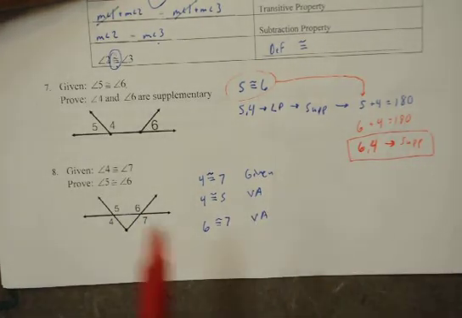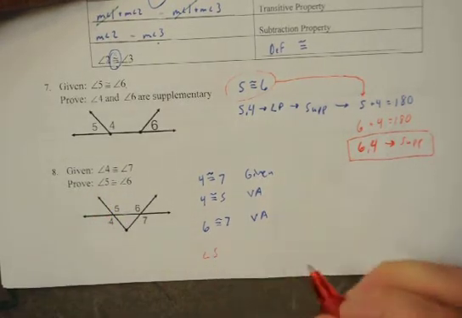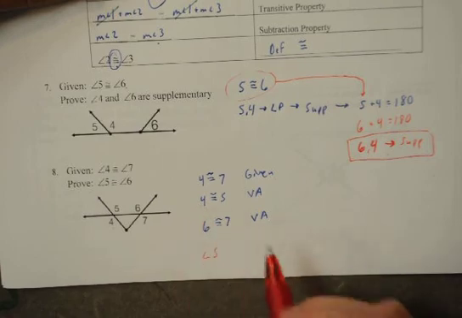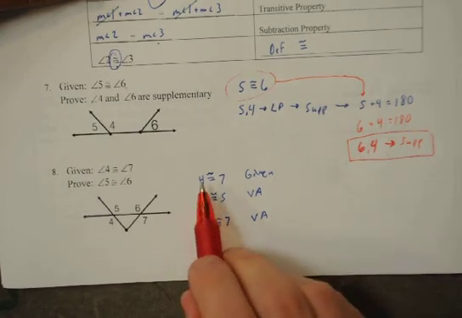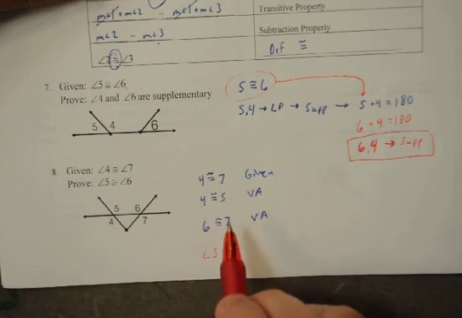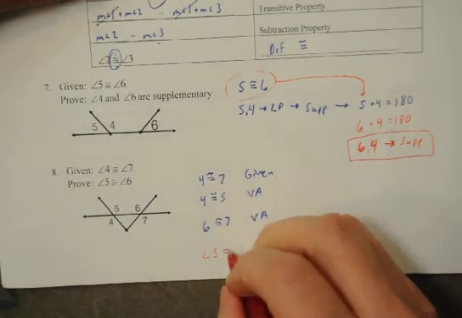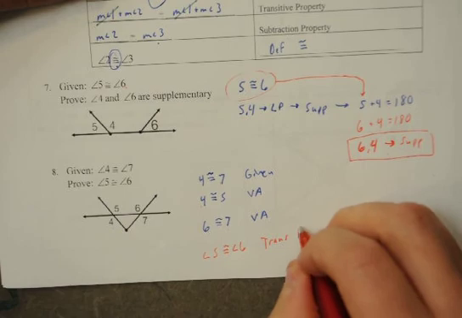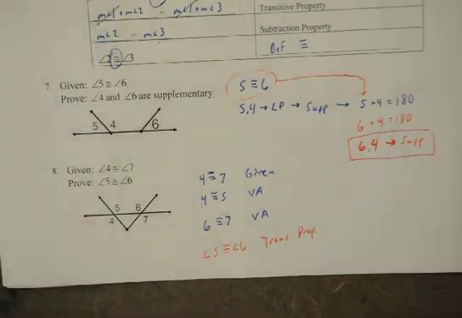Can we put them all together? Start with angle 5. Angle 5 is congruent to 4. Angle 4 is congruent to 7. Angle 7 is congruent to 6. There we have it. Transitive property. That's a very informal way I just did that proof, but it works. See you later.